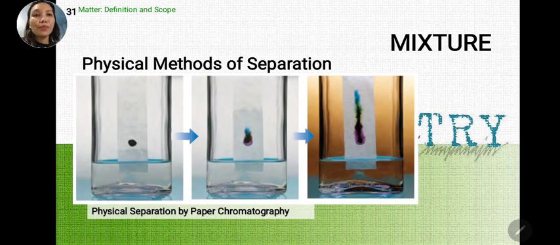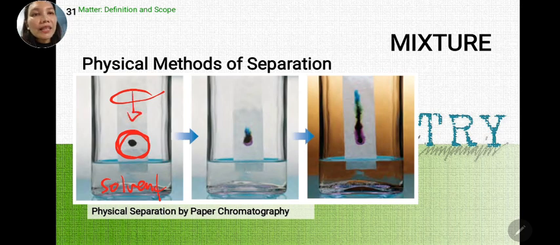So, this is an example of a chromatography setup. So, ito yung sample natin. Andyan ito yung mixture natin na sinasabi. So, while ito yung solvent system natin, ito solvent system. Pag dinip natin dyan yung chromatogram natin or yung paper chromatograph or TLC, makikita natin unti-unting naghihiwalay siya yung mga substances na present dun sa sample natin kanina.